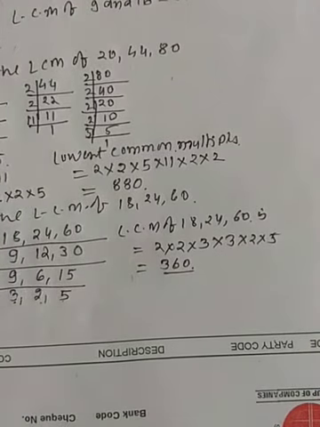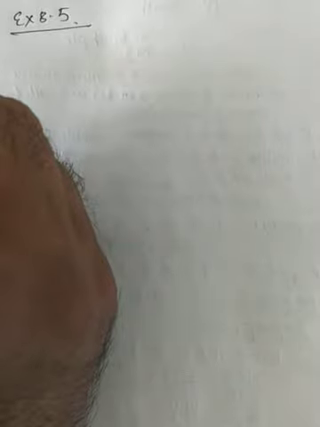Now exercise 8.5. Question number 1: write the multiples of the following numbers and find their lowest common multiples. A: 6, 5.